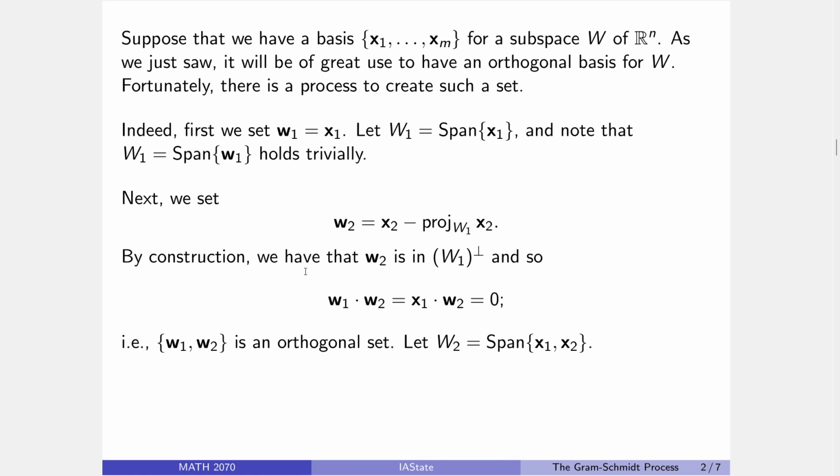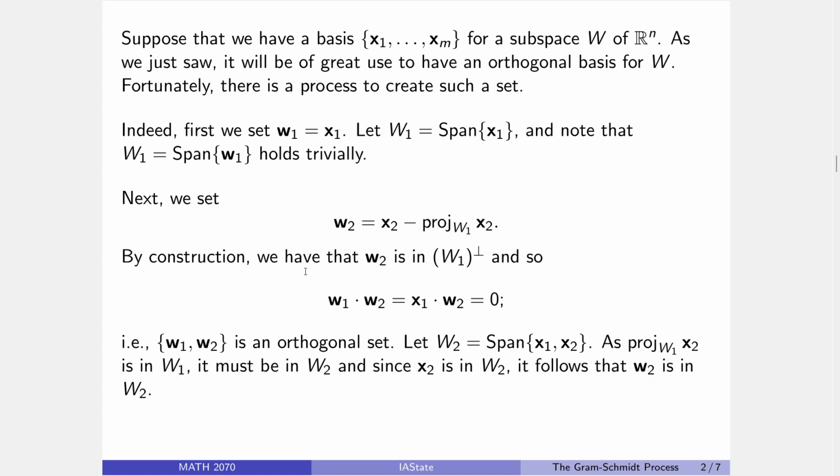Now, if we let big W2 be the span of X1, X2, we know the projection is in W1, and W1 is clearly contained in big W2, so we're in big W2, and X2 by construction is in big W2. That would mean that little W2 is in big W2, because the difference of them is a linear combo.